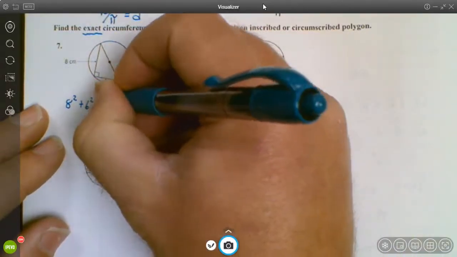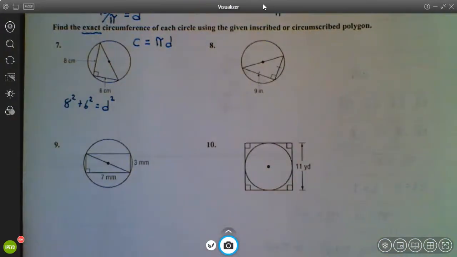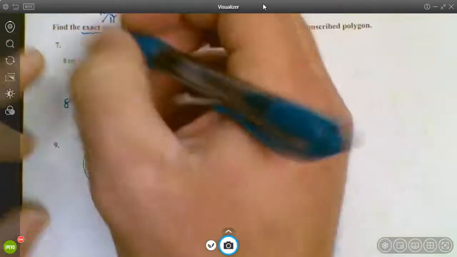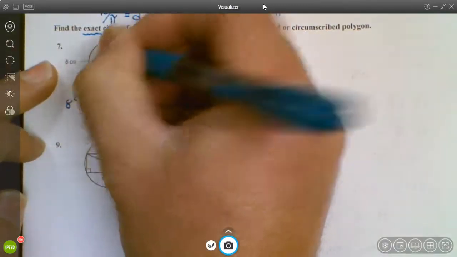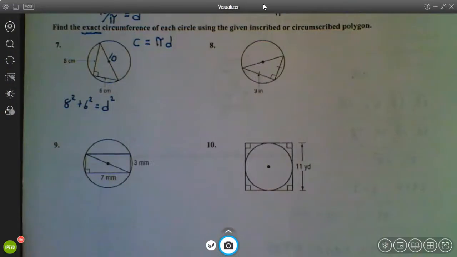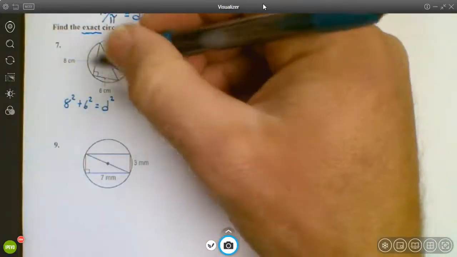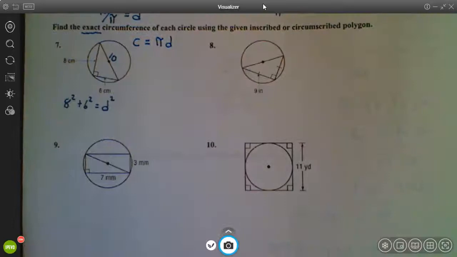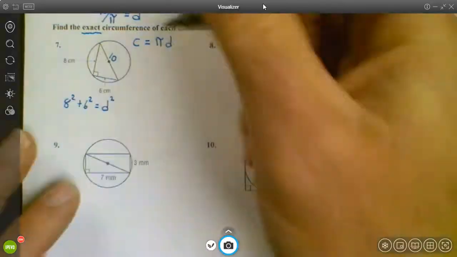Let's call it the diameter squared because that's actually what we're trying to find right now. If you solve that with the Pythagorean theorem, we get that the diameter is 10. And for any of you who learned your Pythagorean triples, you might remember that the 3, 4, 5 numbers, if you double them, you get 6, 8, 10. So that's a nice little shortcut.